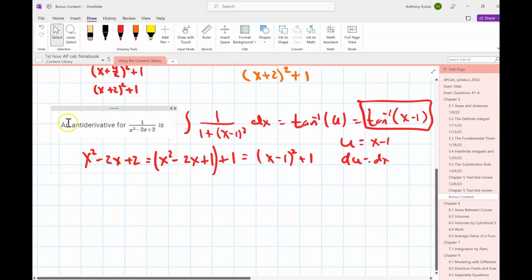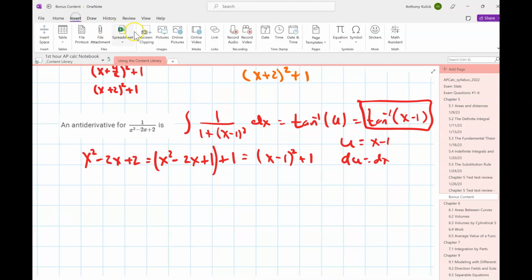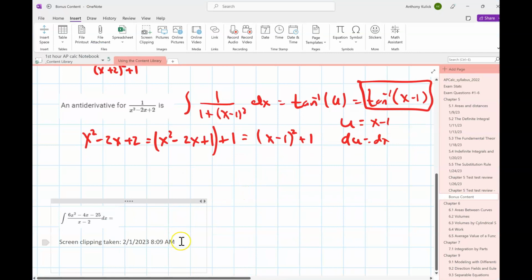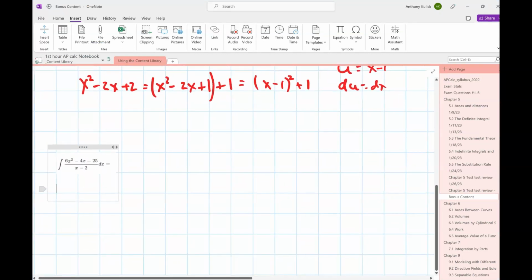Let's do another. The technique's going to be, again, something totally doable with the tools that we have, but it's a different trick. What if we're asked to do this integral? Ideas.